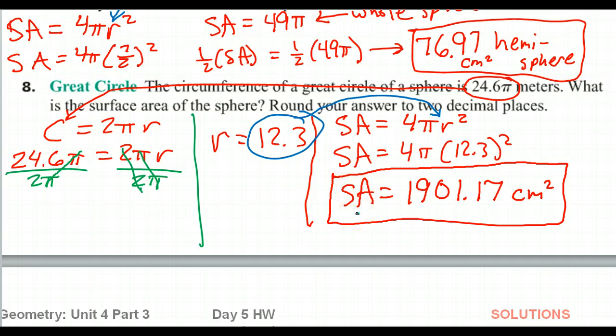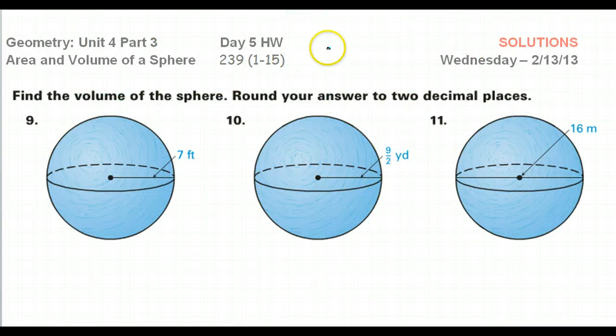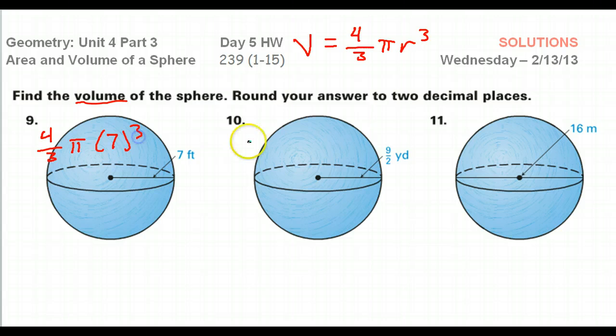Let's see what's next. Aw, shucks, getting into volume. All right, if we're going to deal with volume, then we need to know the formula for the volume of a sphere, which is 4/3 pi times the radius cubed. That's the formula for volume. So number 9 will become, all right, 2 decimal places, 4/3 pi times 7 cubed.